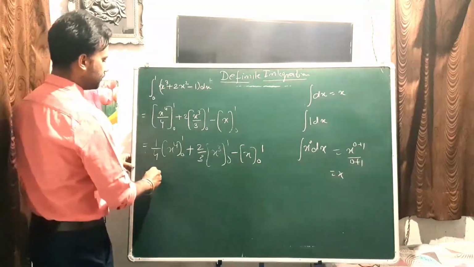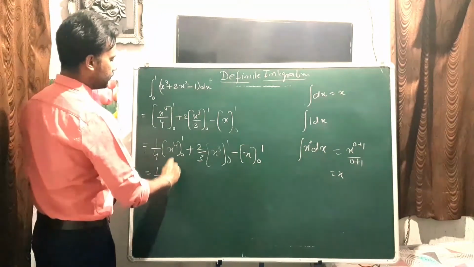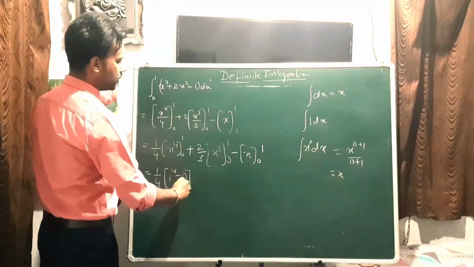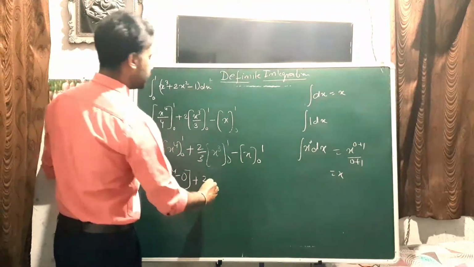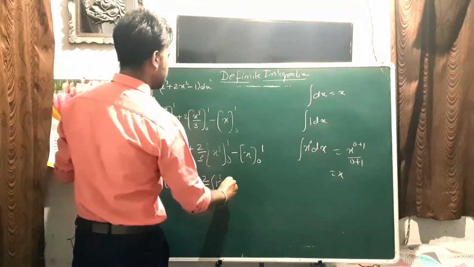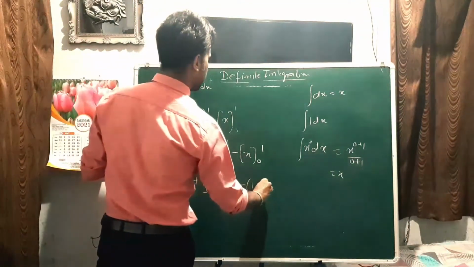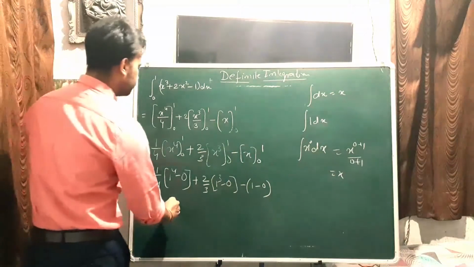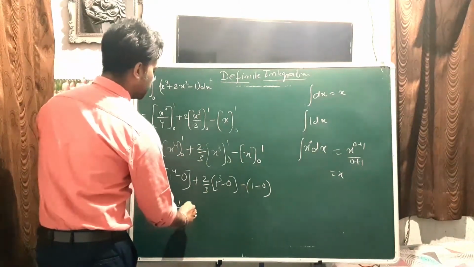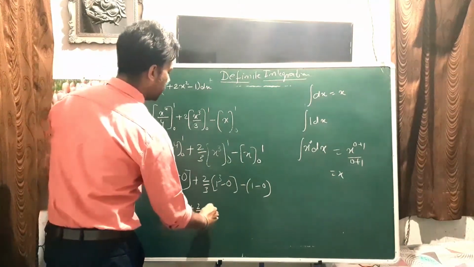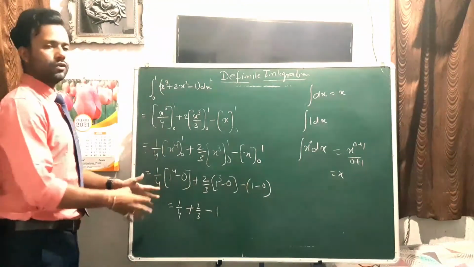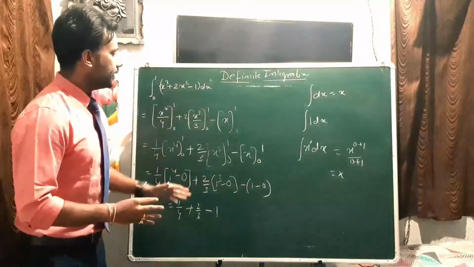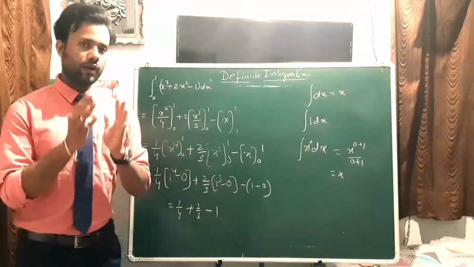So this will become 1 by 4, 1 to the power 4 minus 0, plus 2 by 3, 1 to the power 3 minus 0, minus 1 minus 0. So we have applied the limit. Here we get 1 by 4 plus 2 by 3 minus 1. Now I'm not going to solve this. You know how to take the LCM. So we have done the definite integration part. I hope you understand this.